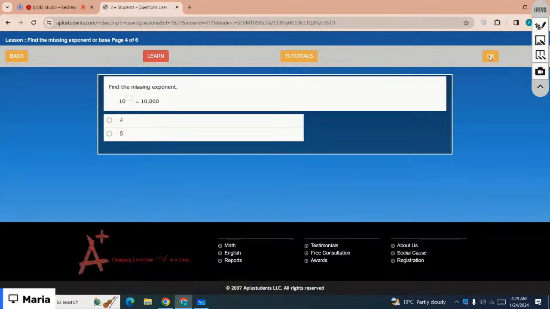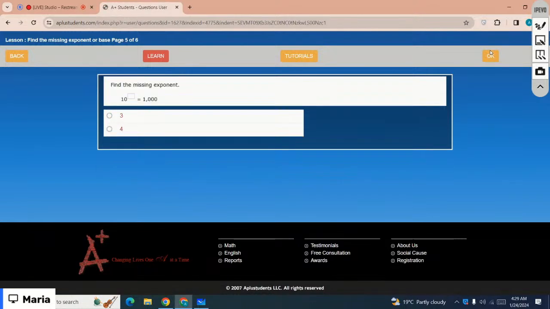Okay, find the missing exponent. So which exponent is missing? Yes, the missing exponent is 4 because you have 4 zeros on the other side.